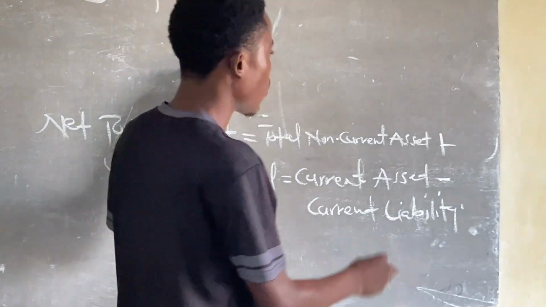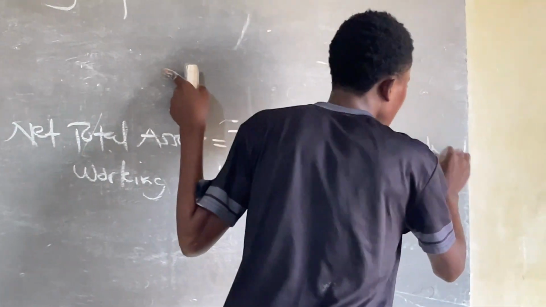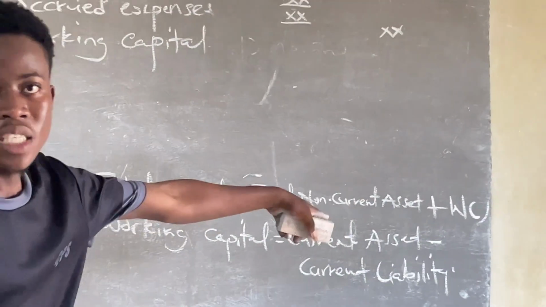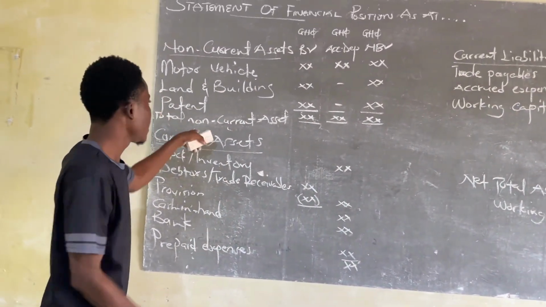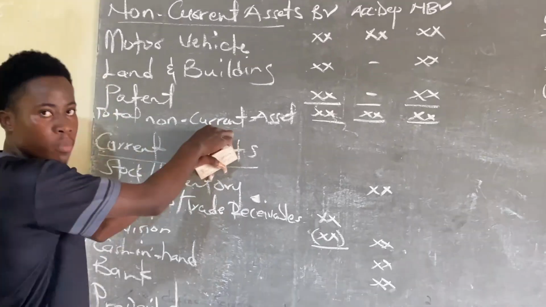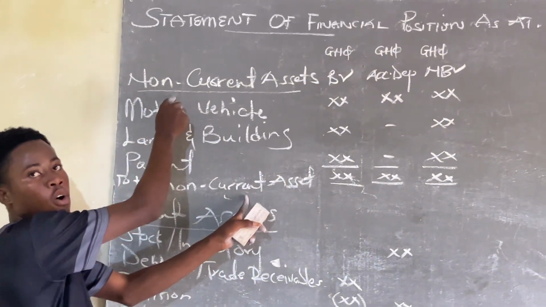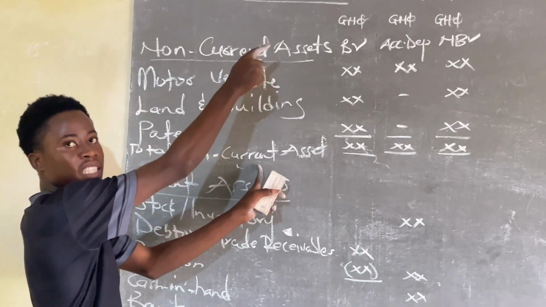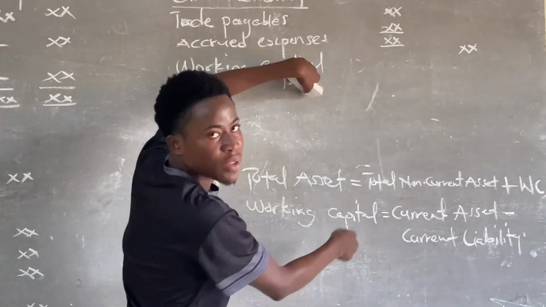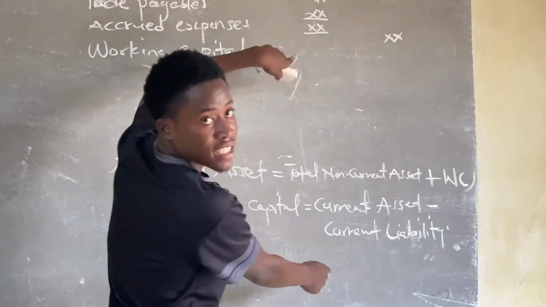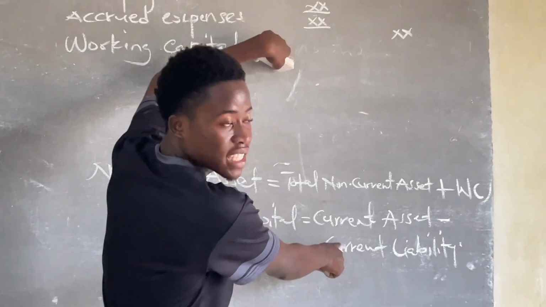To your working capital. I'm using WC for short. So you add your total non-current asset to the working capital, the amount of money after deducting your current liability from your current asset.